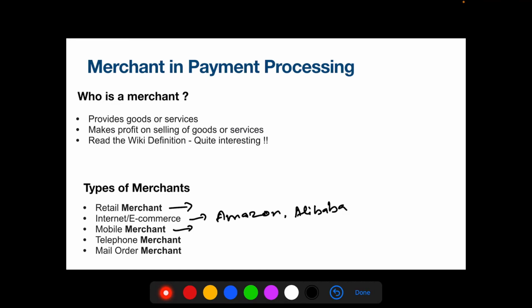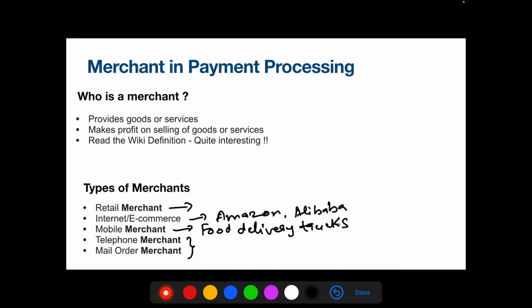Then we have mobile merchant. A mobile merchant is a merchant who is actually not stationary, for example, food delivery trucks. You need to have a capability to process the payments on the go. That's basically mobile merchants.